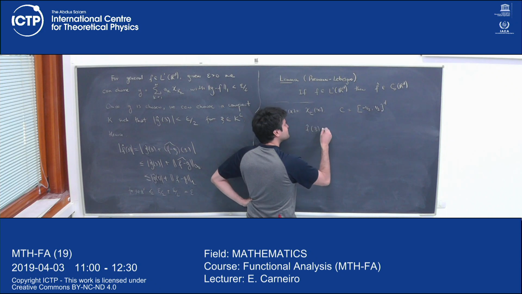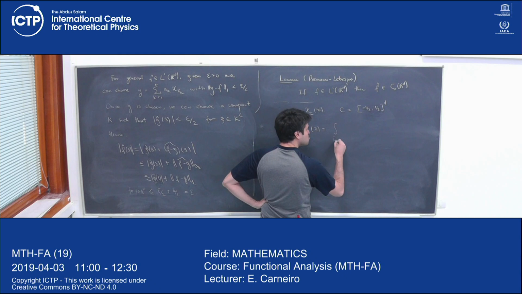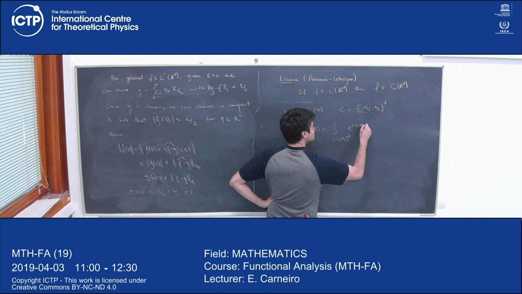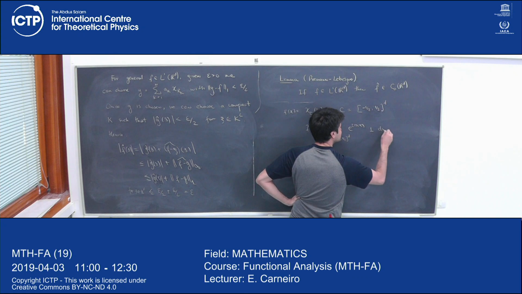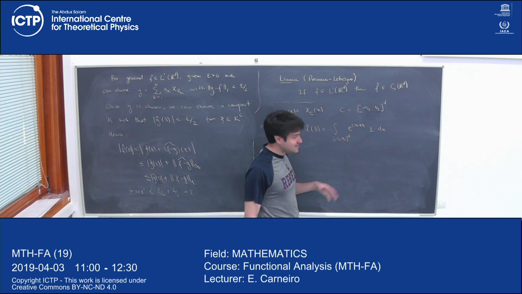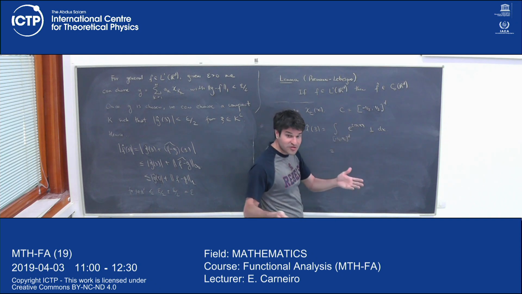F hat of xi is just the integral over the cube of e to the minus 2 pi i x dot xi, since the function is 1 there. Now, the nice thing is that this integral breaks into a product of integrals.